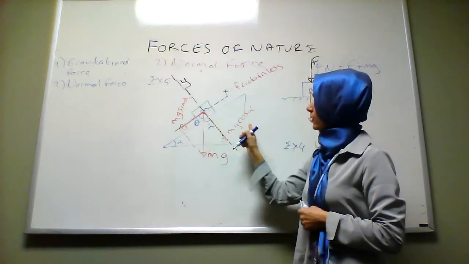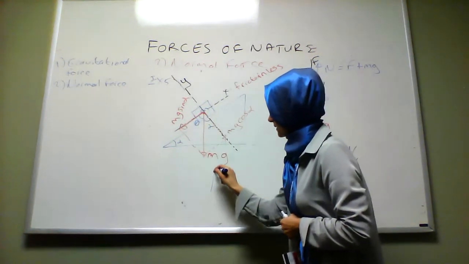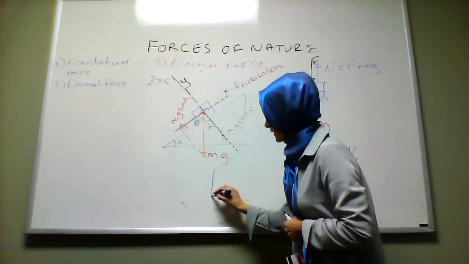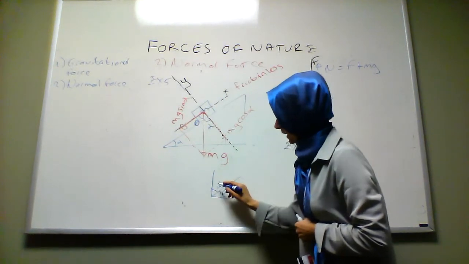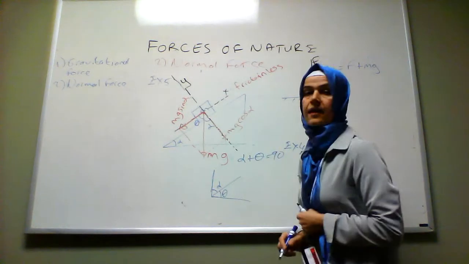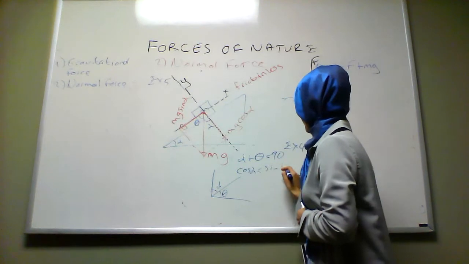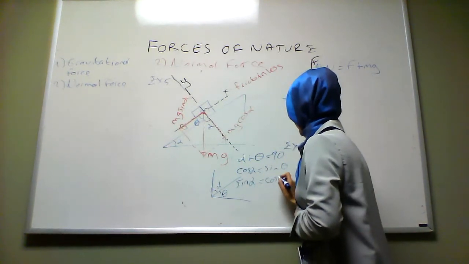Then cosine and sine switch, because this is a trigonometric fact: if we have two angles that complete each other to 90 degrees, alpha plus theta is 90, then cosine alpha is equal to sine theta, and sine alpha is equal to cosine theta.